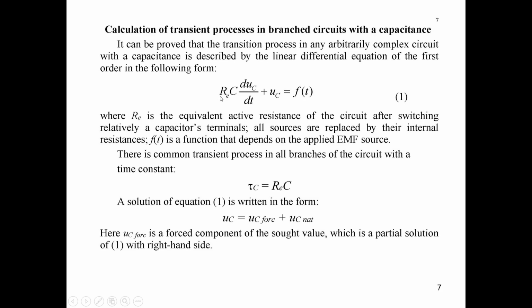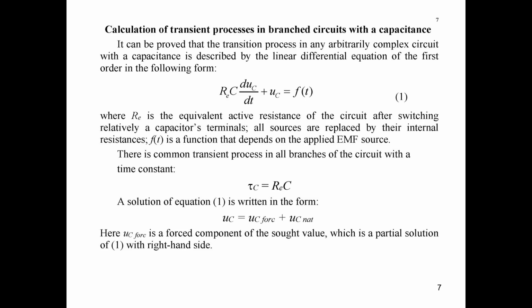It will be R equivalent multiplied by C duC by dt, plus UC, the voltage drop across the capacitance, equal to F of t. You see, R equivalent times C duC/dt is the voltage drop across the equivalent resistance. What is F of t? It's a function which depends on the type of the applied EMF after commutation.